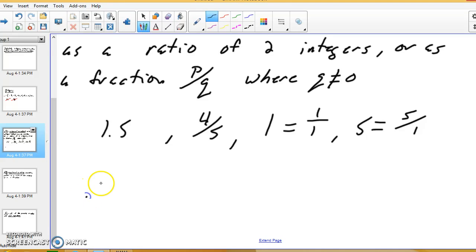The number 0.3333 repeating, well, that is equal to 1/3. So that long string of numbers, that is a rational number because it can be written as a fraction. So again, integers are any positive and negative whole number. Rational numbers are any number that can be written as a fraction.